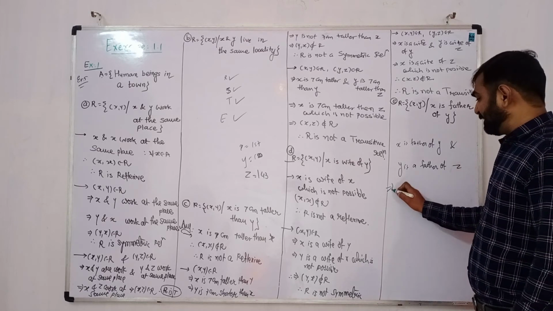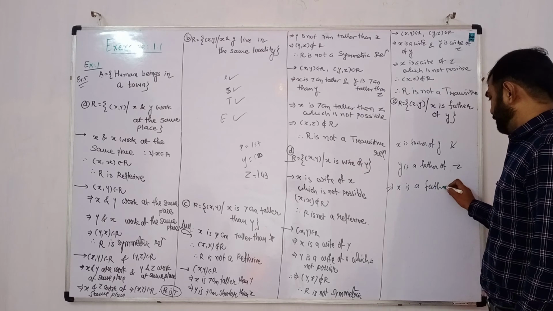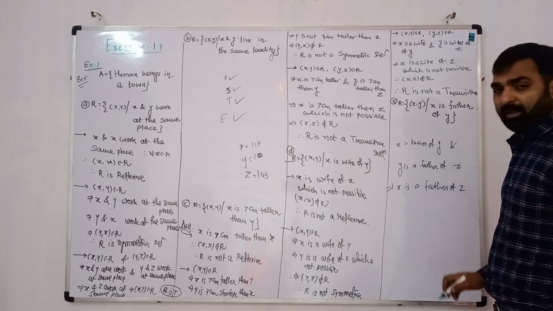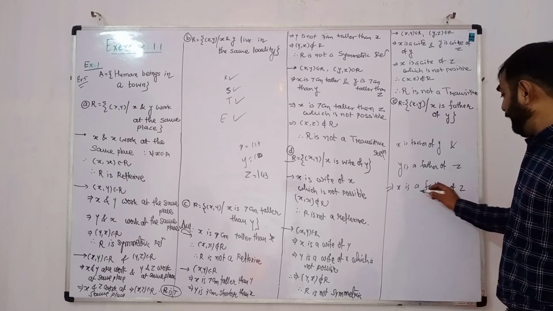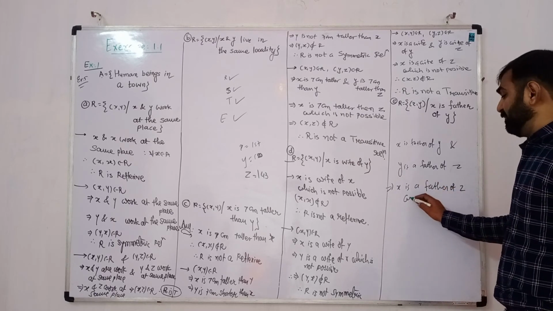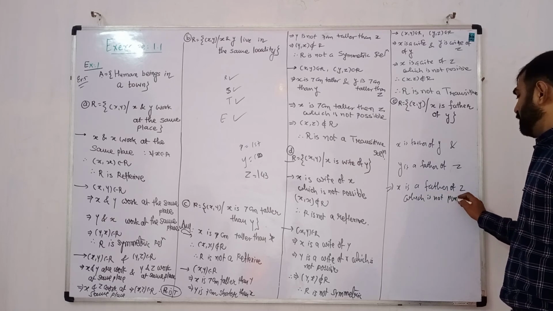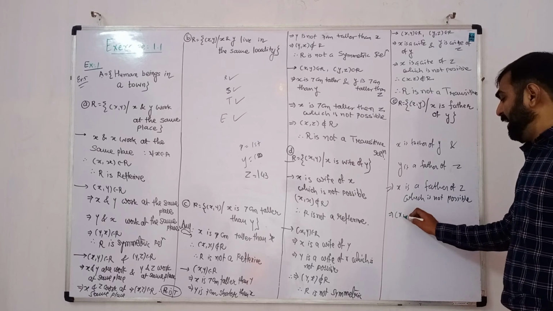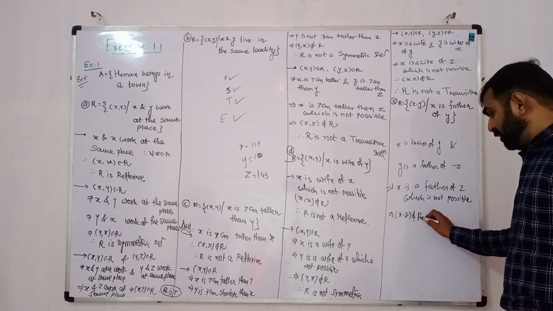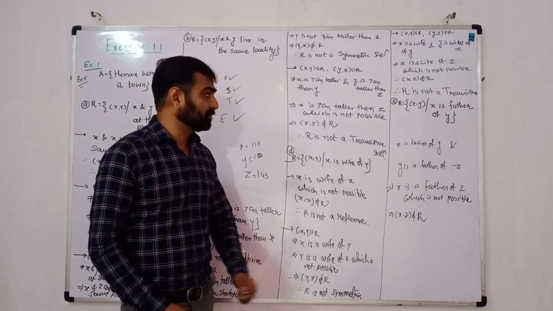So is that x is the father of z? No, it is a grandfather. So x is a father of z is not possible. उसका मतलब क्या होगा, x z does not belong to r, उसका मतलब r is not a transitive relation.